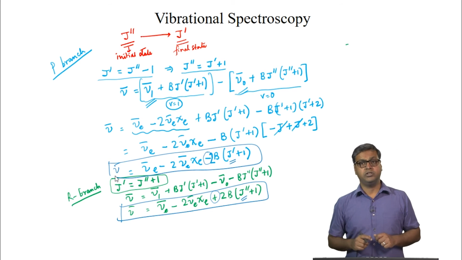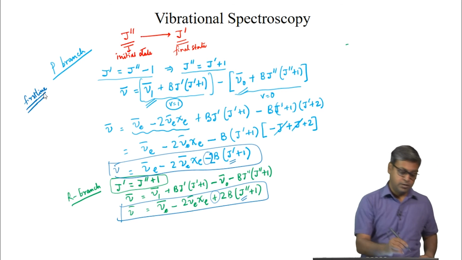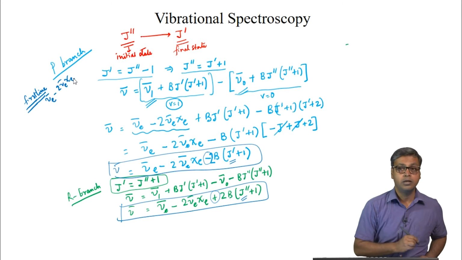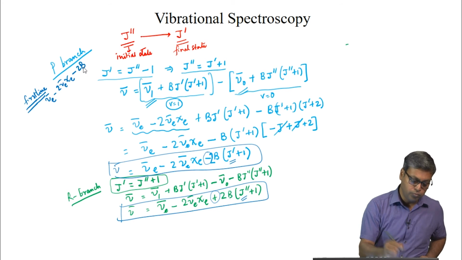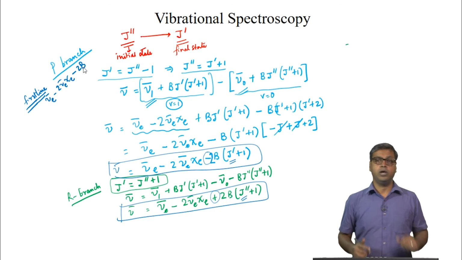For the P branch, the minimum value of J prime is 0. The first line of the P branch will be at nu bar E minus 2 nu bar E chi E minus 2B. The minimum value of J double prime is 0 as well.